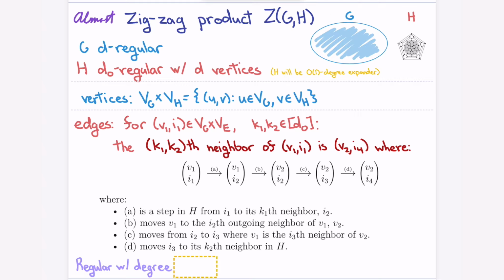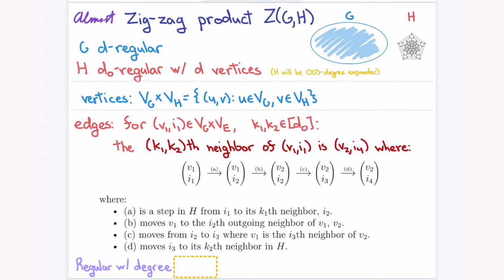Okay. So ultimately, what's the degree of this? It's going to be d0 squared because we made two movements in H. We stepped in H once to help choose G, and then G sent us to some crazy place in H, and then we took one more step. So this last step.